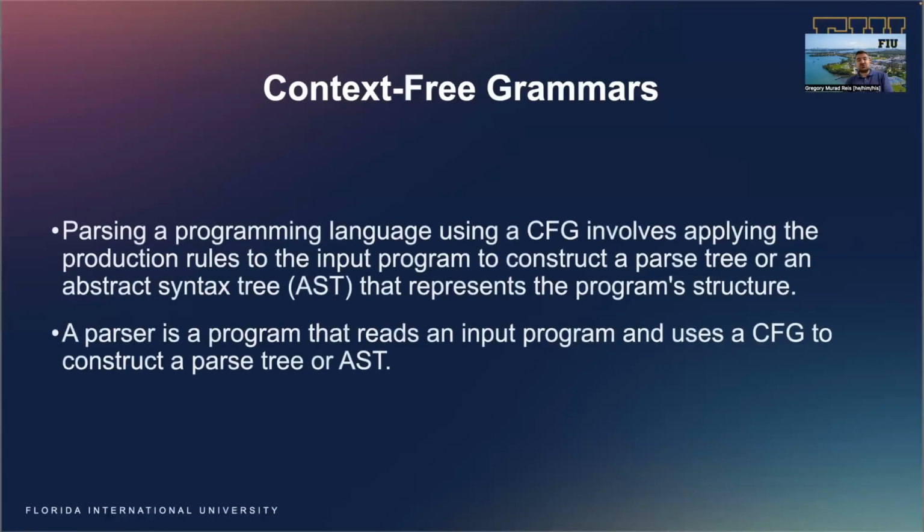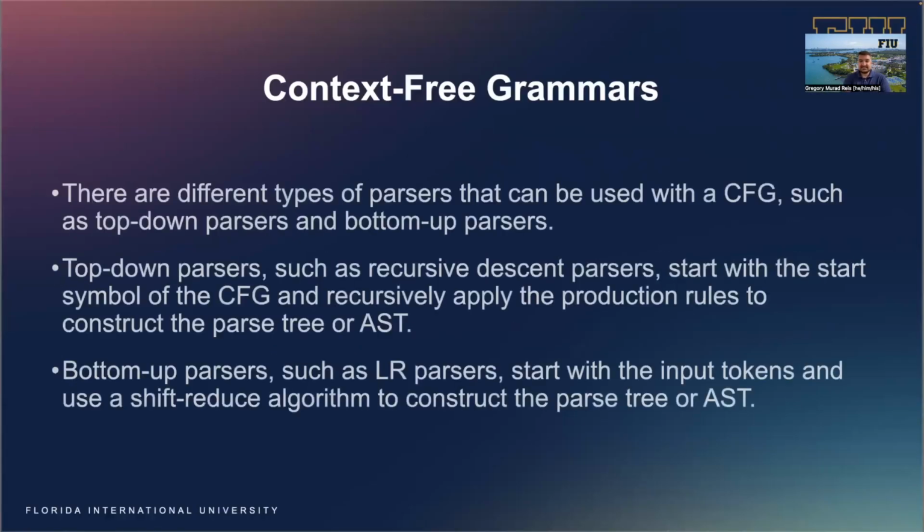Okay? So let's see some more examples. There's also a classification of parsers where you have top-down parsers, where from a single start variable you generate all the characters, which are the leaf nodes, or you can do bottom-up, starting from your code and trying to come to a single variable.